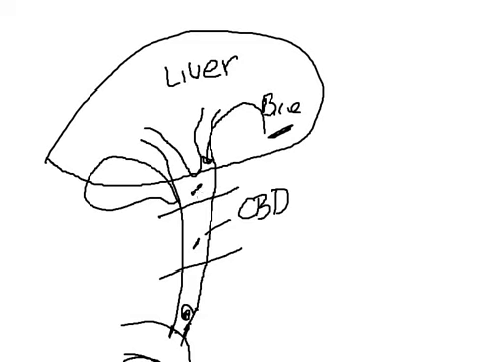Klatskin tumors classically refer to common or cholangio or common bile duct cancers at this hepatic bifurcation right here. So this is really the area that we're going to be focusing on later. But this is where Klatskin tumors are located.